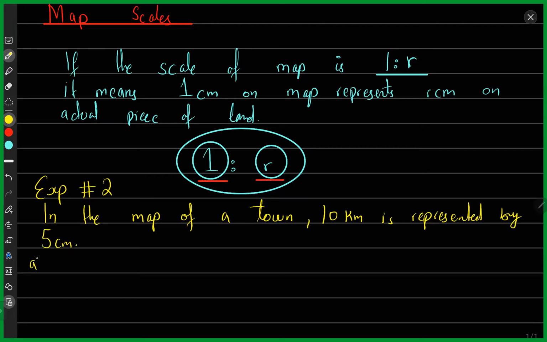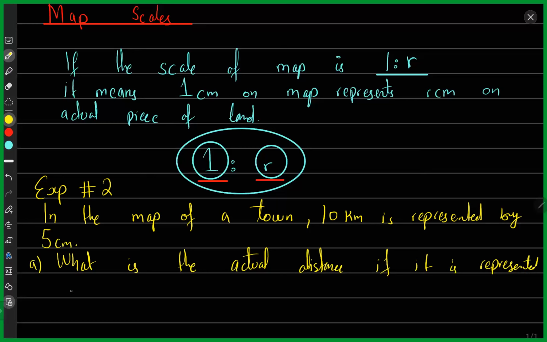Part A says, what is the actual distance if it is represented by a line of 2 centimeters on map?